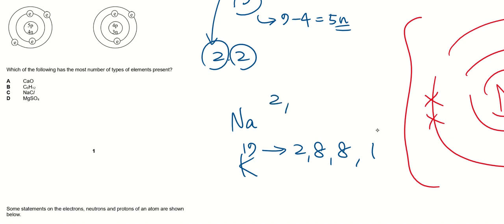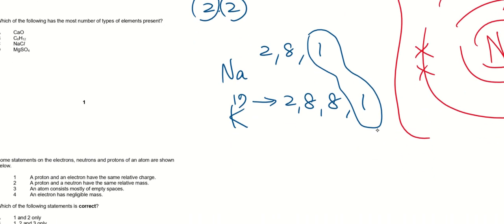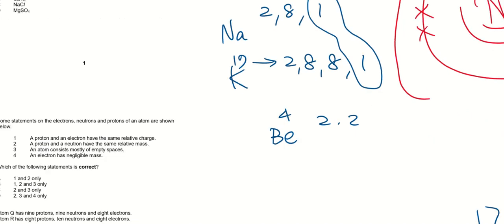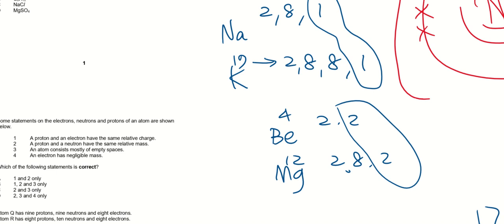Sodium is 2, 8, 1. They all end with 1. Group 1. Group 2, who are they? Magnesium, how much is it? 2, 8, 2. They all end with 2. So they are in group 2.